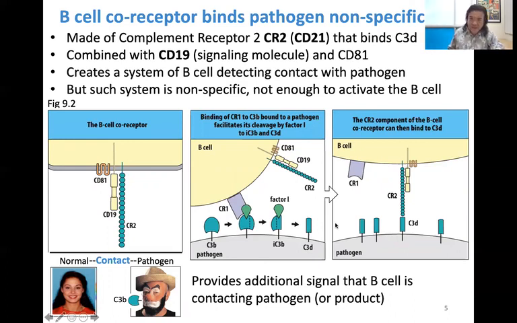How does the B cell begin to realize that if it's binding to something that its immunoglobulins recognize, it should start its process of activating? Because again, remember, just like any other immune cell floating through your blood, the vast majority of other things it bumps into in your blood are totally normal signals from your own body.